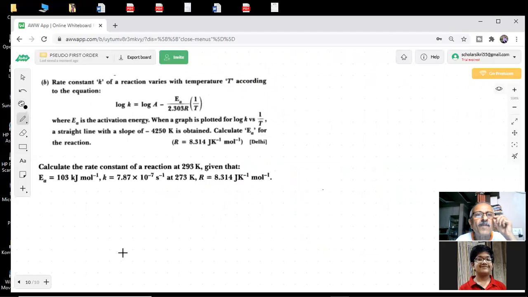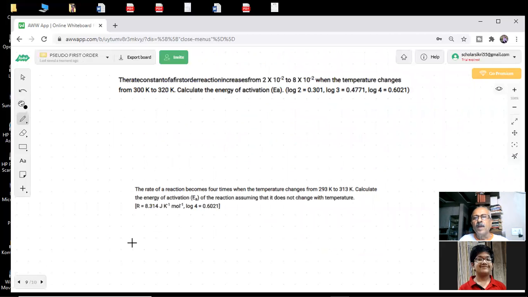Say a numerical was given, which I am putting before you. Here I am putting a numerical based on the energy of activation and the Arrhenius equation. This question was given in some CBSE paper.